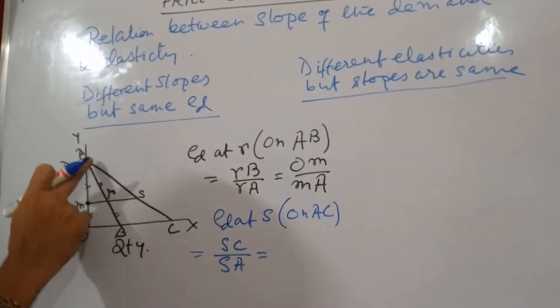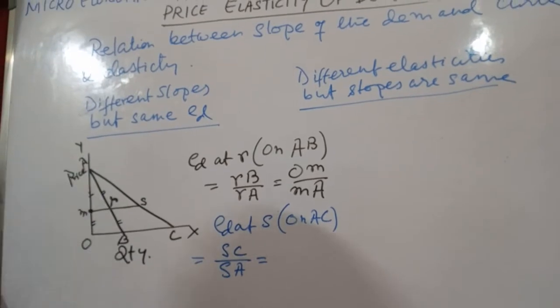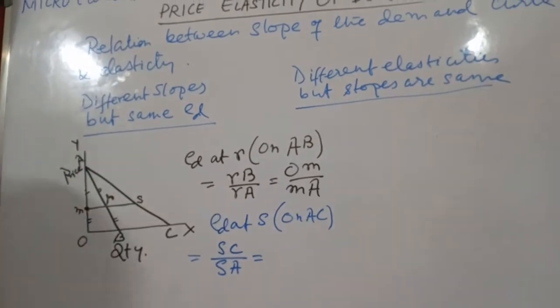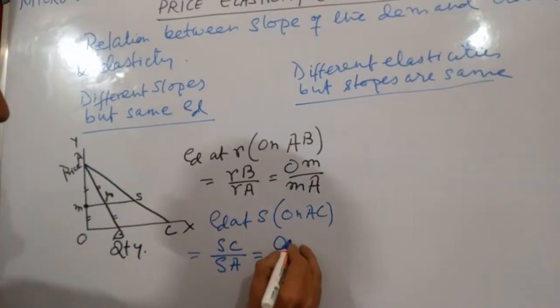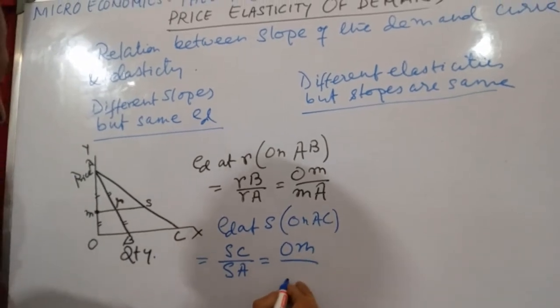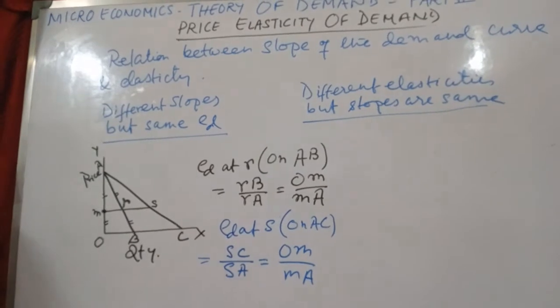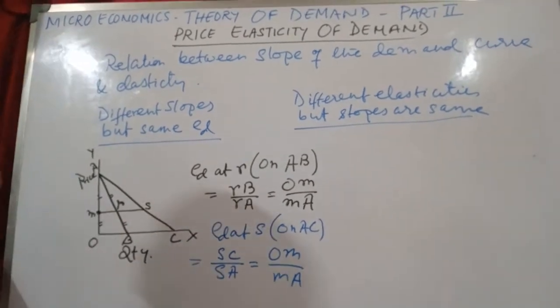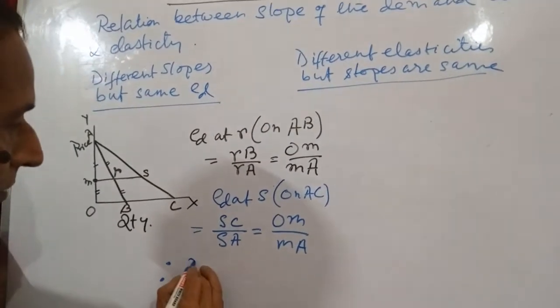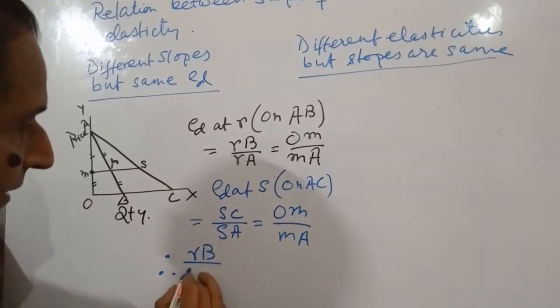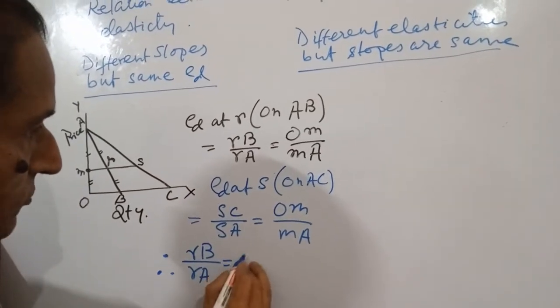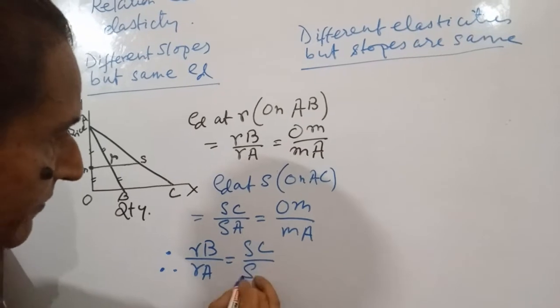SC by SA equals OM by MA, again the property of a right angle triangle. Therefore, RB divided by RA equals SC divided by SA.